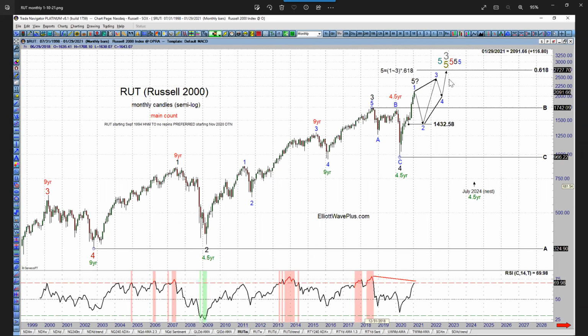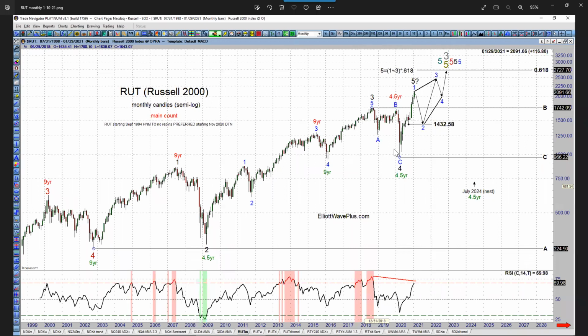What I didn't realize at that exact moment, on January 10 of 2021, was how long it was going to take for this ending diagonal to develop.